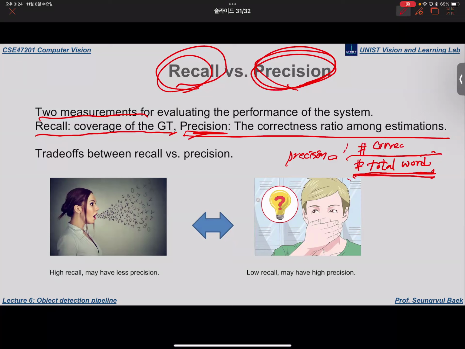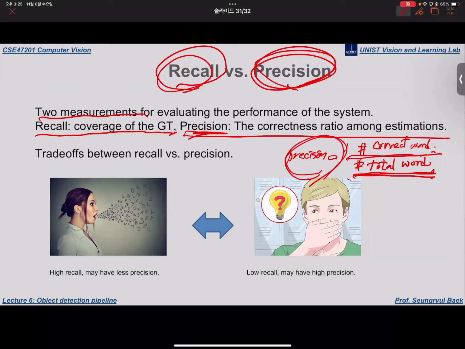Correct word. So we humans are saying something in our daily life, and sometimes we say the correct word, and sometimes we say the incorrect word, right? The ratio of correct words over the total words we say, that's kind of the precision, okay?